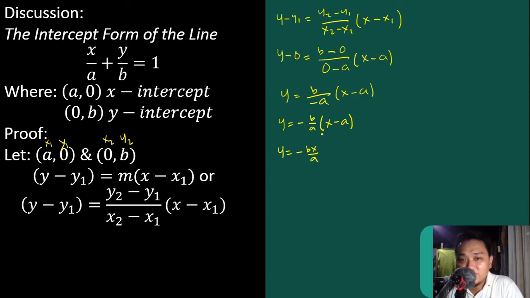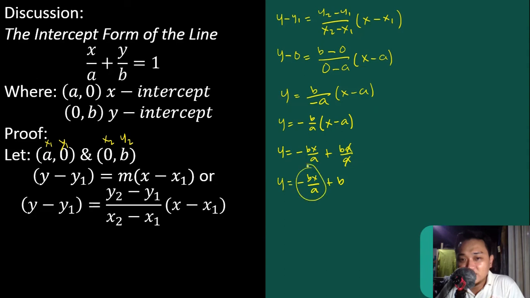Negative b over a times negative a is positive ba over a. Solving further, we have negative bx over a. The a cancels here, because a divided by a is 1. So that is plus b. Just b.